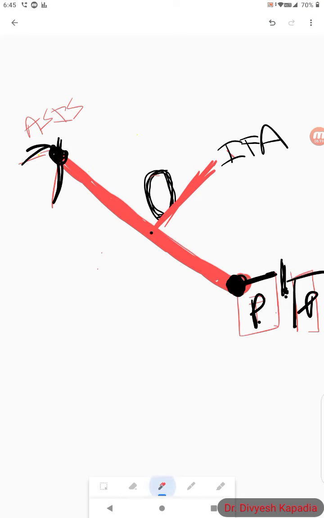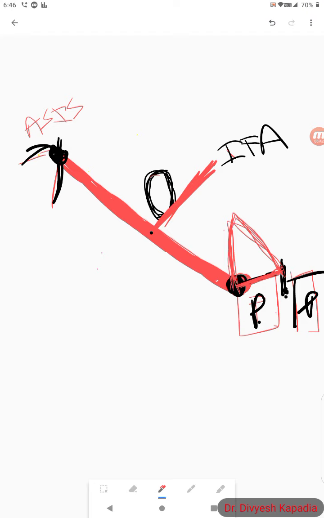Now the superficial inguinal ring, or the outlet. So what is it? It is a triangular opening in the external oblique aponeurosis. It is triangular. The base is formed by the pubic crest.